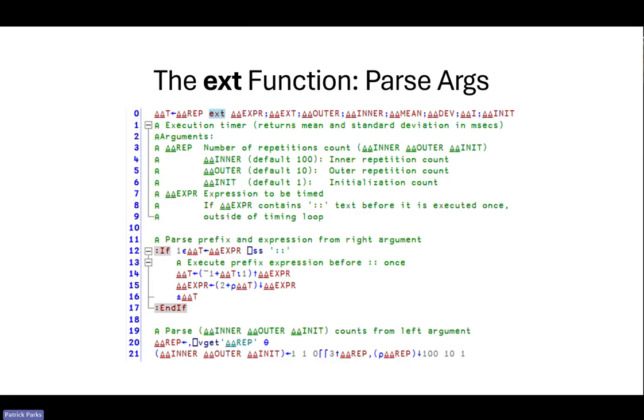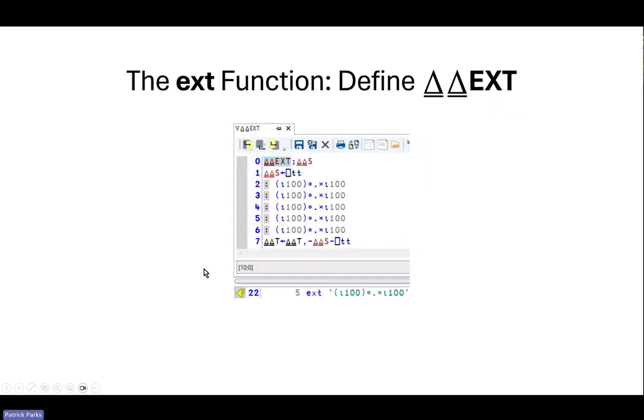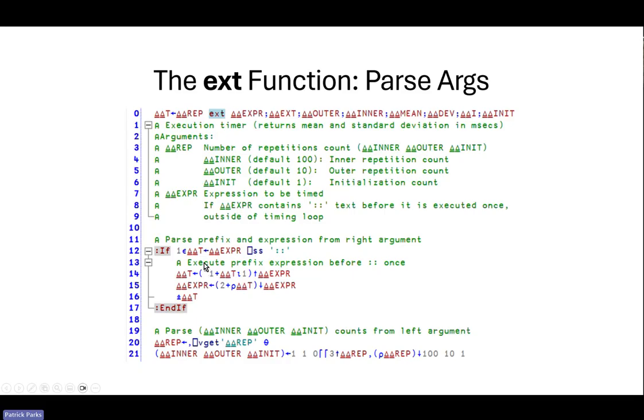If that's not what we want, we take everything to the left of the double colon and execute it. Down on line 16, we execute whatever was to the left of it. So that initialization is done once, outside, before we do any timing at all. We've reset EXPR to be just the stuff to the right of it. So now we're set up for our timing to go.